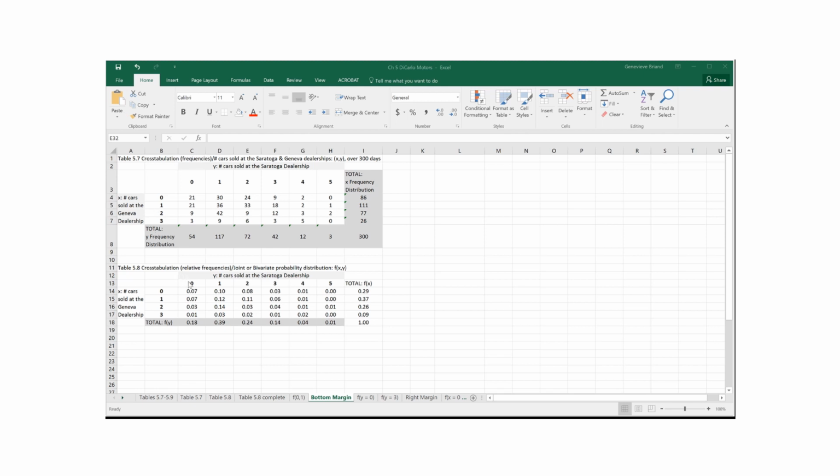Here we go. By doing so, we get the relative frequency distribution for y.